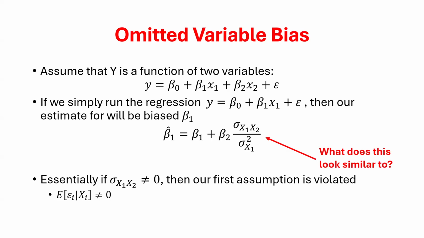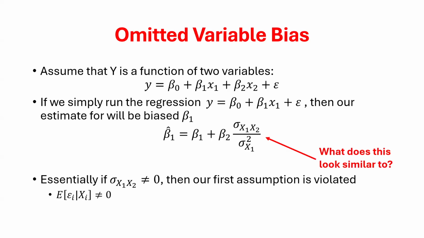I would have a negative times a positive divided by a positive. The sign of my bias would be negative. So those relationships of the omitted variable to the y variable and to the independent variable I included dictate the sign of the bias.